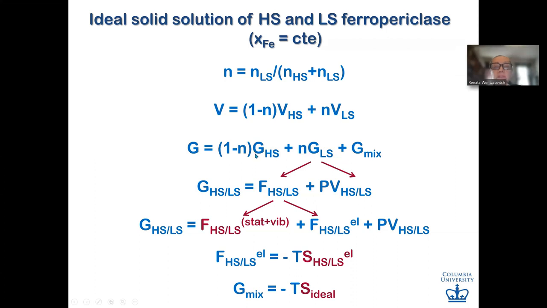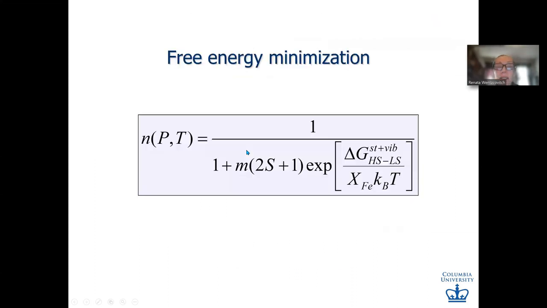We minimize this free energy with respect to n, and you get an equilibrium low spin fraction as a function of pressure and temperature. And that's the formula. It's a very neat formula, okay? Delta G is the difference in Gibbs free energy, static plus vibrational, between the high spin and low spin state.